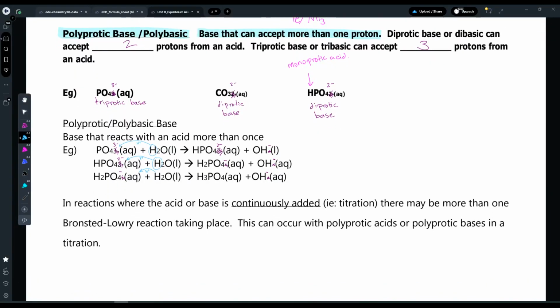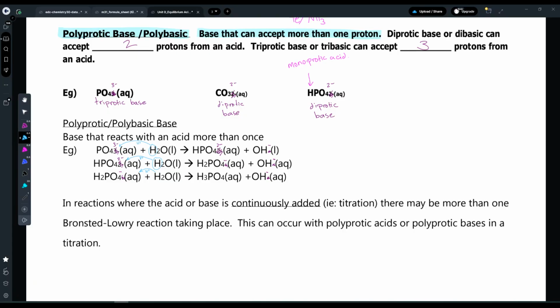So where this is going to apply is when we have a polyprotic substance, whether it's an acid or a base, undergoing a titration where either an acid or a base is continually added. There may be more than one Bronsted-Lowry reaction taking place.